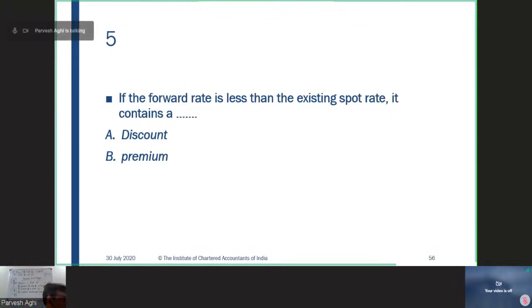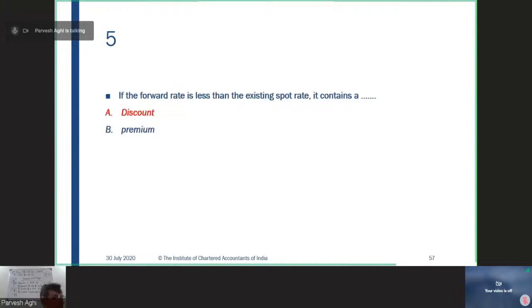If the forward rate is less than the existing spot rate, it contains a discount or a premium. So what is your response? I'll just wait for your response. I think people might have responded by now. So the answer is discount.